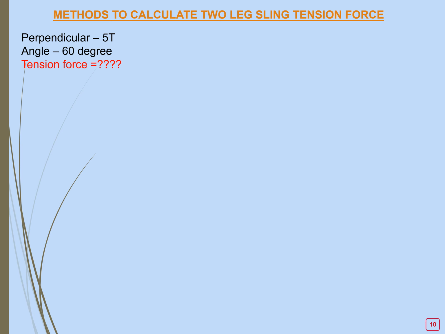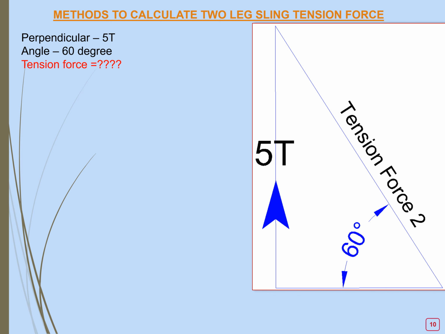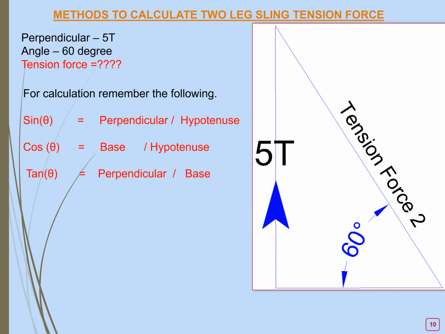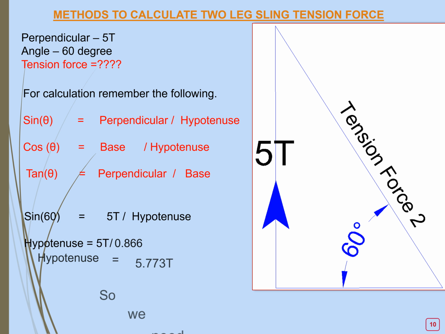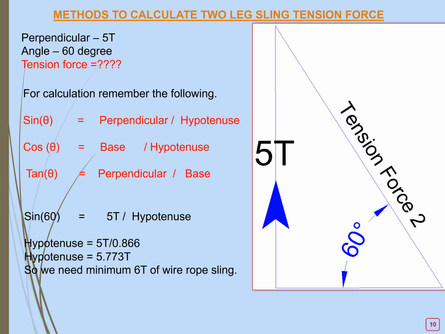So we have the perpendicular, which is 5 ton, the angle is 60 degrees, and the tension force we need to find. Again, for calculation, we need to remember sine theta is equal to perpendicular upon hypotenuse, cos theta is equal to base upon hypotenuse, and tangent theta is equal to perpendicular upon base. Now, sine 60 degrees is equal to 5 upon hypotenuse.